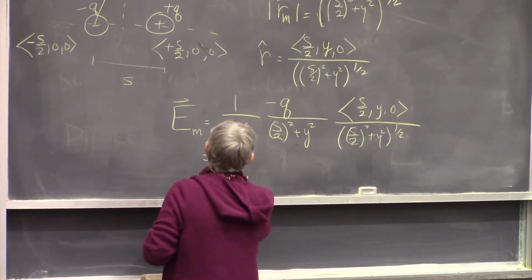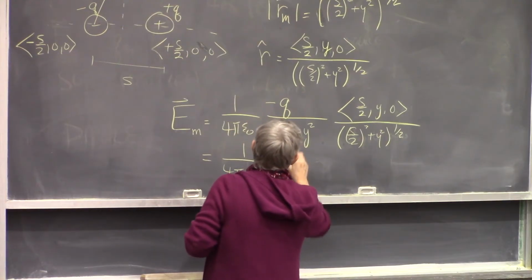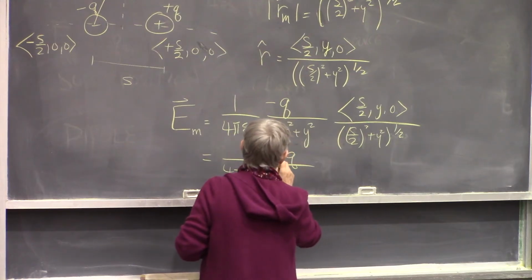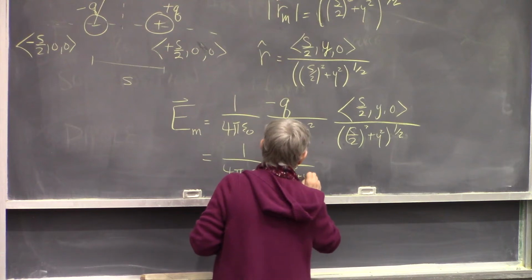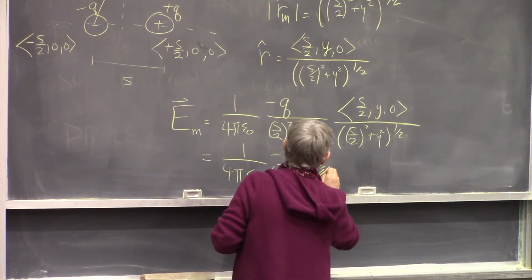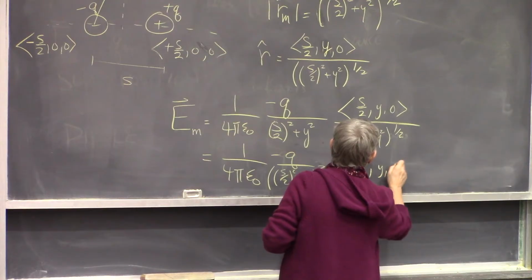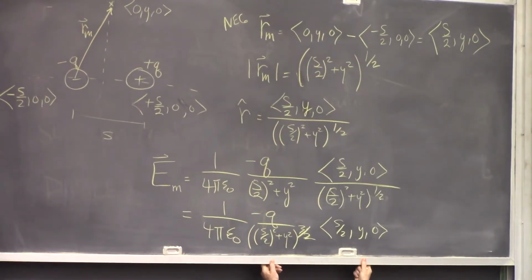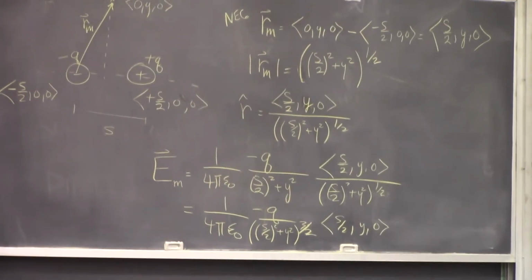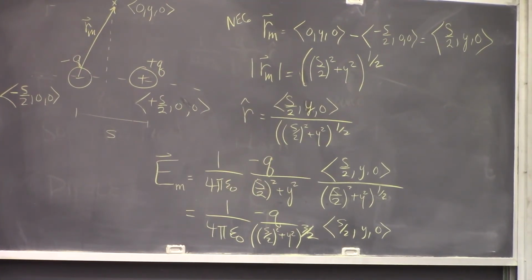So it's equal to 1 over 4 pi epsilon 0 negative q over the quantity s over 2 squared plus y squared to the 3/2 times s over 2, y, 0. All right?